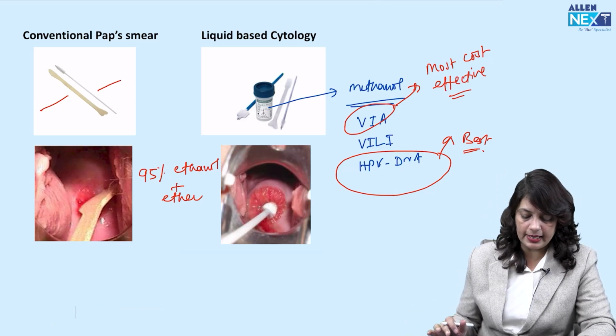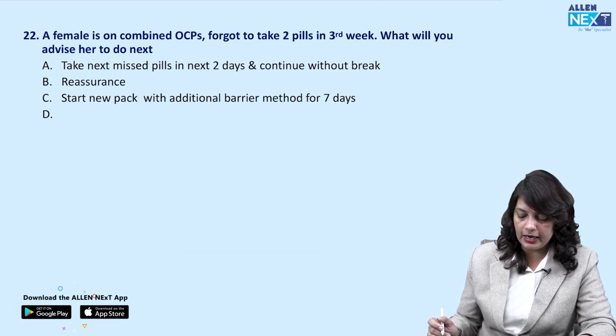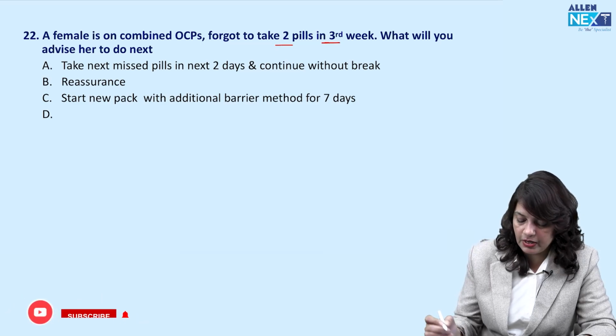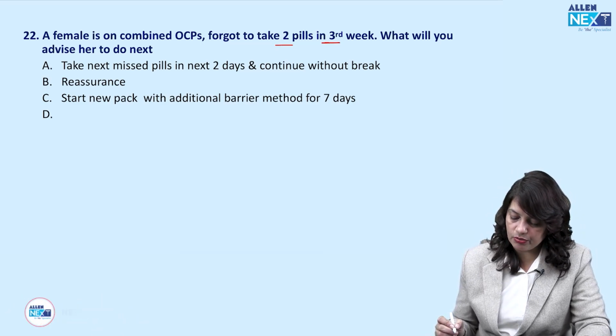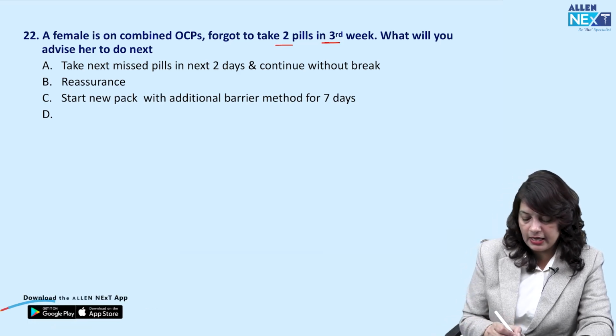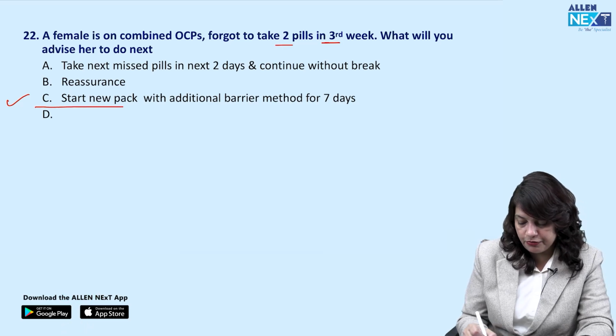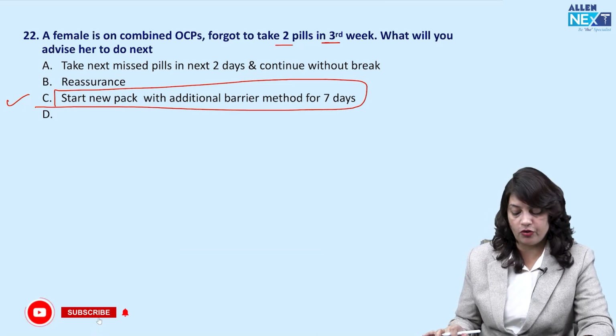Next, a female is on combined oral contraceptive pills and forgets to take 2 pills in the 3rd week. What will you advise her next? Take the next pills in the next 2 days and continue without a break. Reassurance, start a new pack with additional barrier method for 7 days. It depends on which tablets she has forgotten.